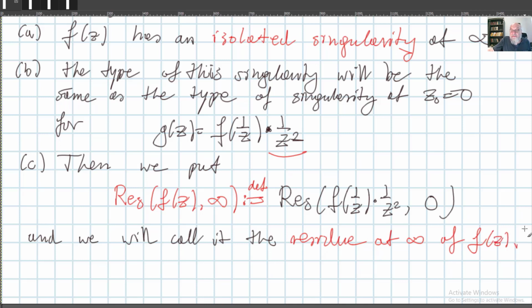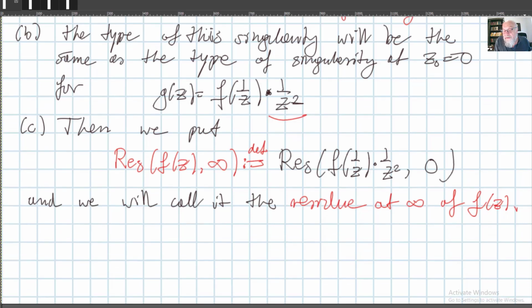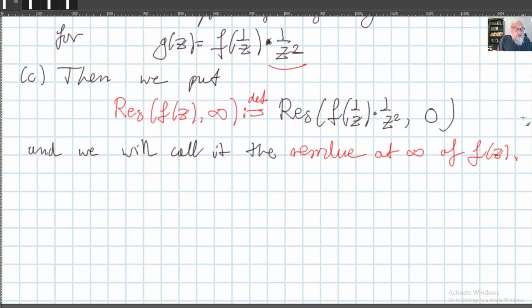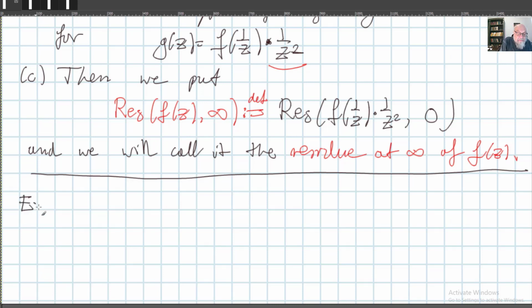That's basically the whole idea. As you notice, we have new concepts here, so we need to make a couple of examples just to get used to this new idea. So example number 1.